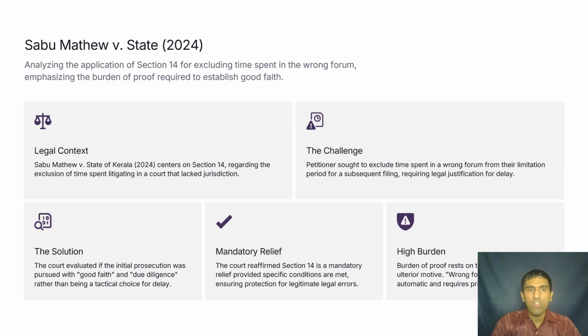Then another case law was Sabu Matthew versus State. Again, this had happened in 2024. This primarily centered on section 14, which I had earlier talked about, pertaining to the exclusion of the period where the case had been ongoing in the wrong court for bona fide reasons, when you finally take the case to the correct court.